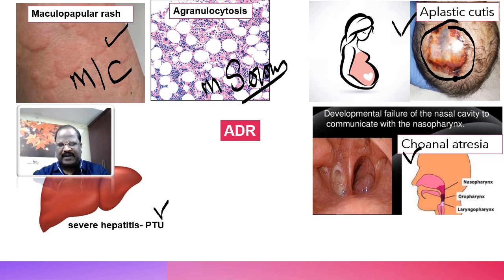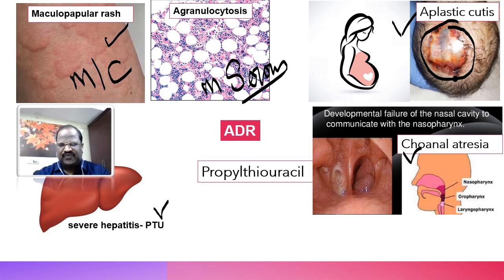My next question: which is the safer antithyroid drug for treating hyperthyroidism in pregnancy? Among the thioamides, propylthiouracil has very strong plasma protein binding capacity, so less chance of crossing the placenta.